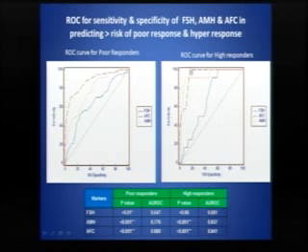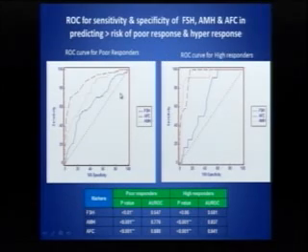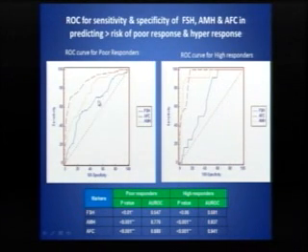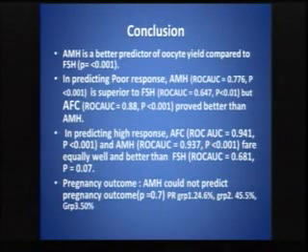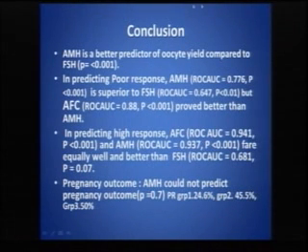But for high responders, both were equally good, and both fared in any case better than the FSH. You can see here the FSH curve and the AMH and AFC curves. So in comparison to FSH, which was a traditional marker, AMH and AFC both were far better predictors of response. So we concluded that AMH is a better predictor of oocyte yield compared to FSH.